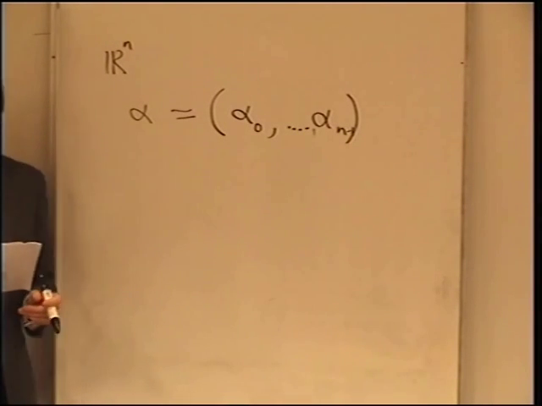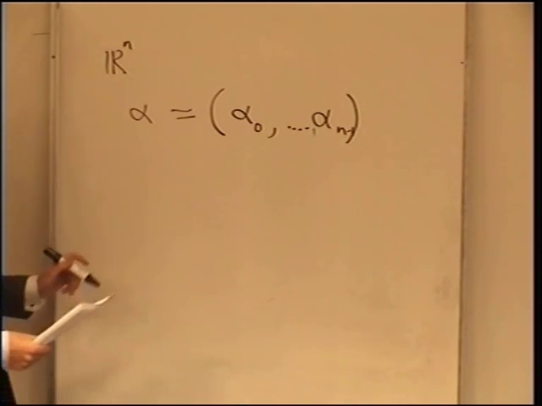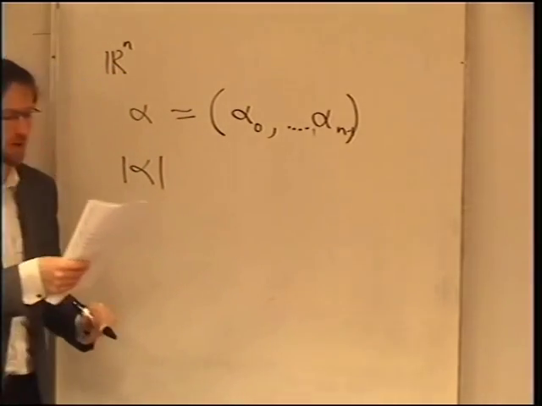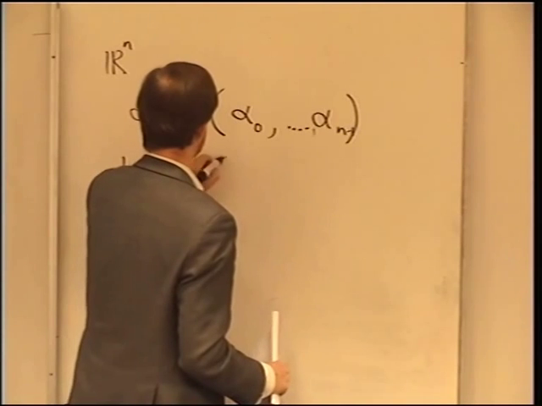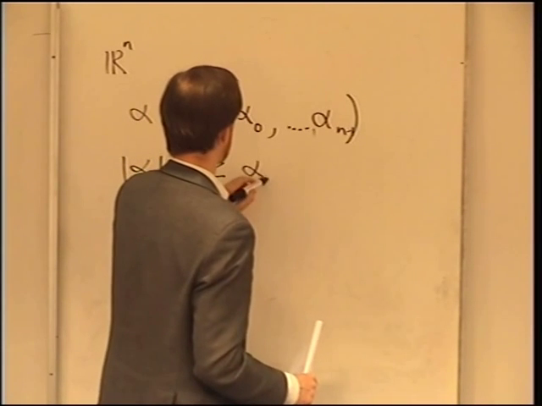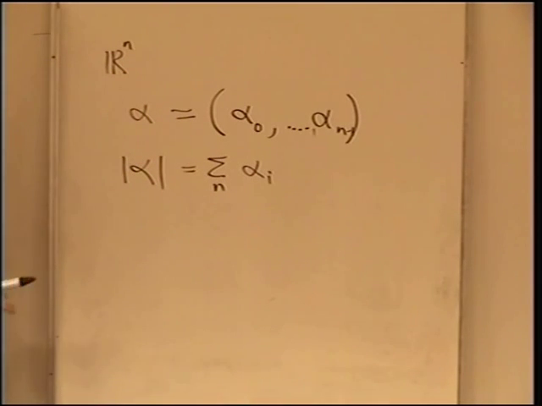And what that's going to enable us to do is to notate all the different sorts of derivatives we want to take. The length of alpha, which we'll notate in the normal length notation, is equal to the sum over i of alpha i, because that's what's going to be going on, right?